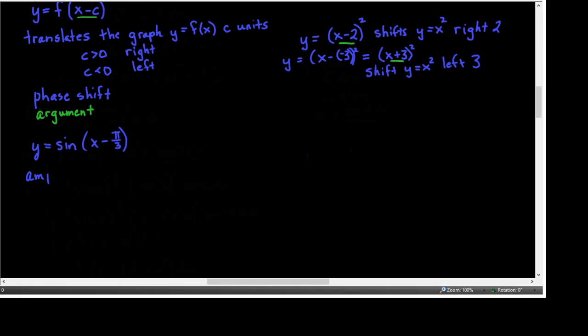So the amplitude is the absolute value of the invisible 1 in front of sine. So the amplitude is 1, so that's normal. That's what you'd expect. The period is 2 pi divided by b. b is the number in front of x. It's an understood 1, so the period is still 2 pi.